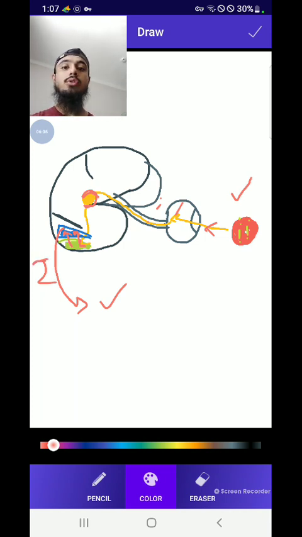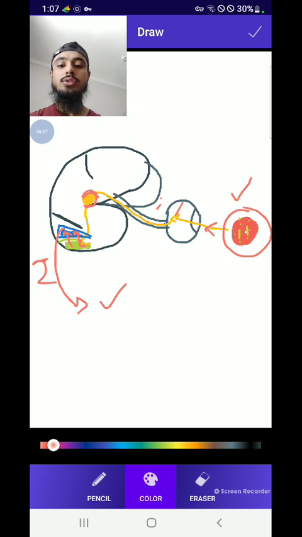It also compares this information with the past memory of the visual stimulus of the same object, from previous history.